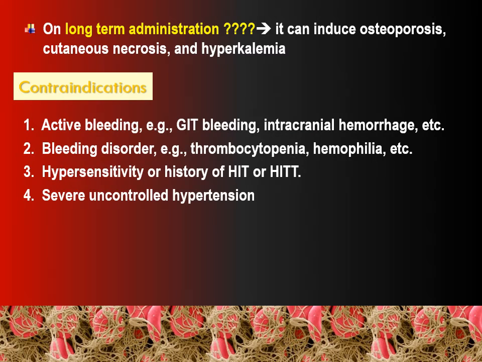The contraindications, of course: it cannot be given in patients with active bleeding, active GIT bleeding or intracranial hemorrhage. If there is a bleeding disorder, such as thrombocytopenia or hemophilia, or there is a hypersensitivity or history of HIT, or there is a severe uncontrolled hypertension.